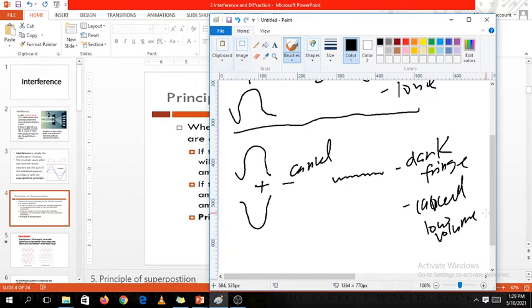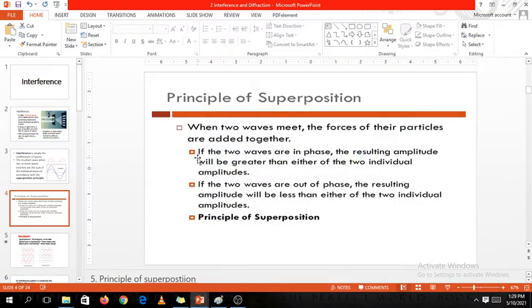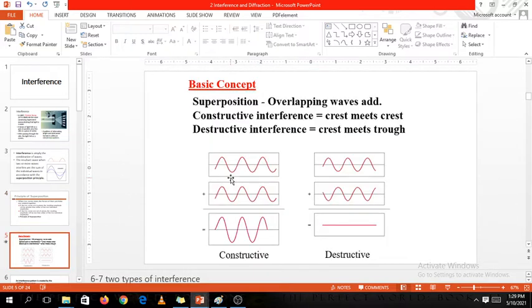Okay? So that is in accordance with the principle of superposition, which explains the addition or subtraction or destruction of waves. So superposition, overlapping waves add.